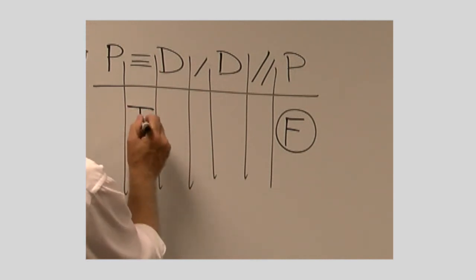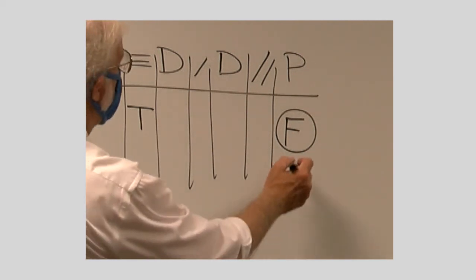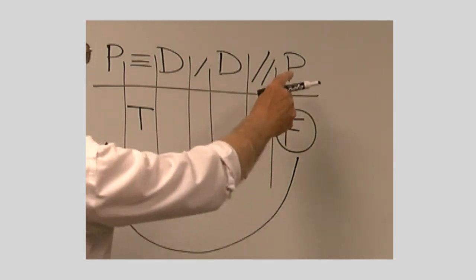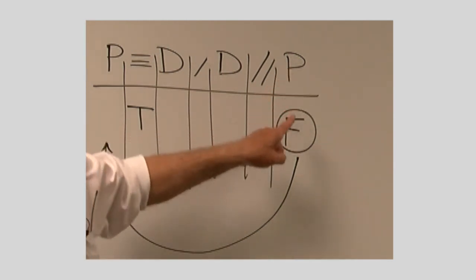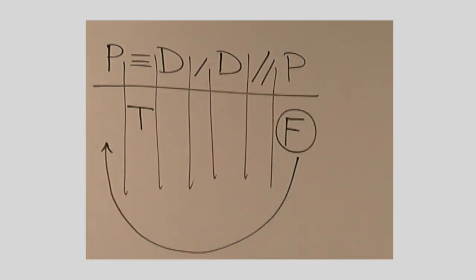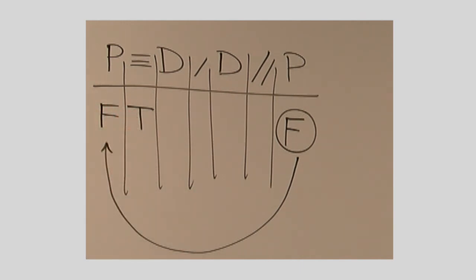So we're going to make that triple bar true. Then we're going to insert the value for P that we had in the conclusion. We set P to be false in the conclusion, it's got to be false from now on. So we're going to put false here for this P.